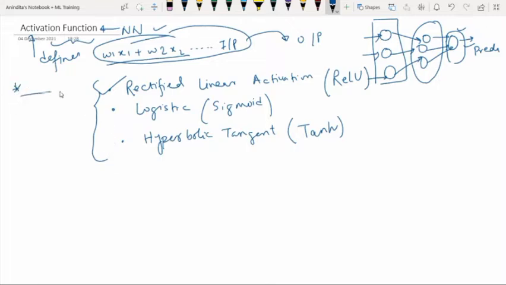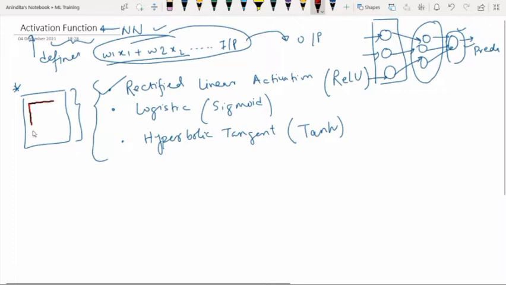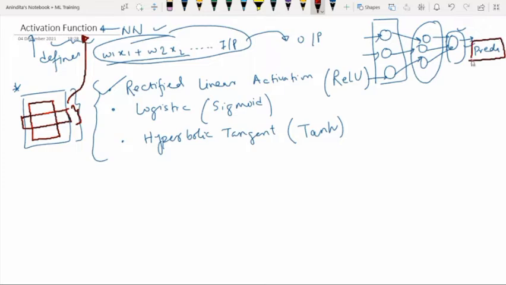Whenever we are writing neural network code, as I discussed in the previous class, the part where you design the activation function can be modified depending on your prediction requirement.